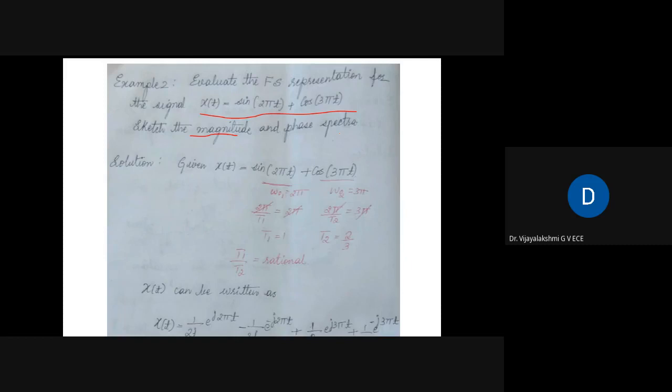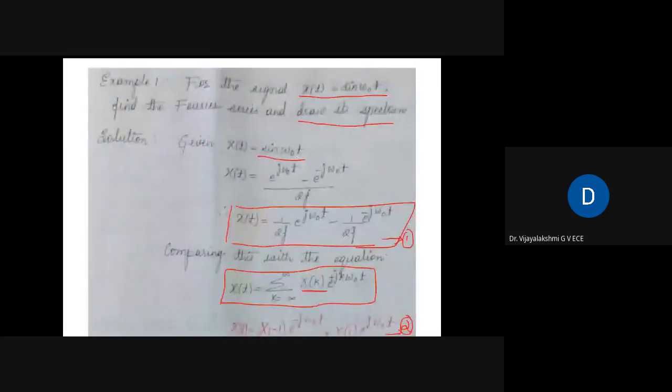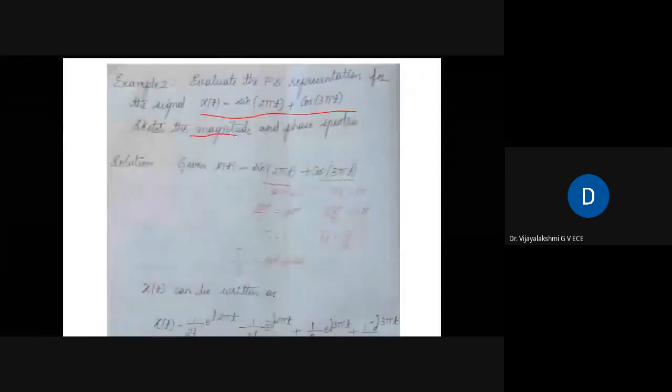As you all know, the Fourier series coefficients you are finding are for a continuous time periodic signal. Before computing, you check whether the given signal is periodic or not. Earlier we know that a sinusoidal signal is periodic. But here we have a summation of two periodic signals.